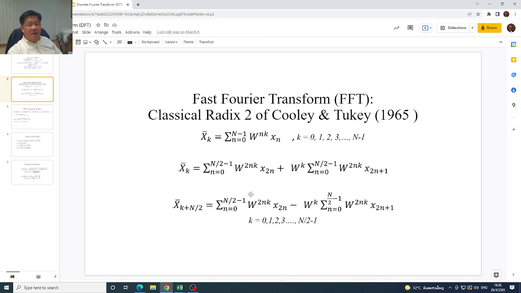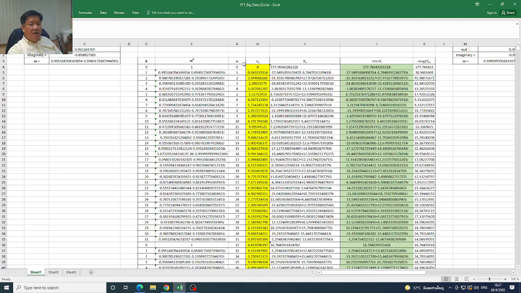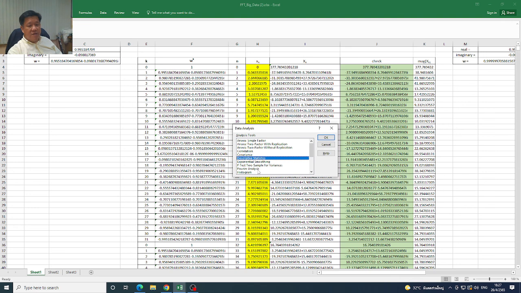So I'm going to end this script at this point first. In the next script, we'll demonstrate the limitation of using Excel, based on this data file, FFT big data, using the tools, data analysis of Fourier analysis here.